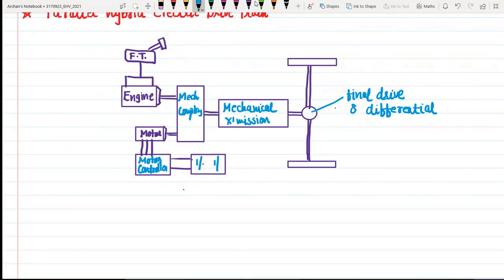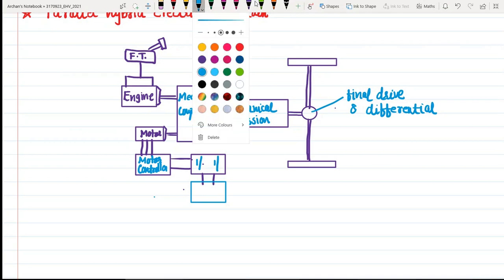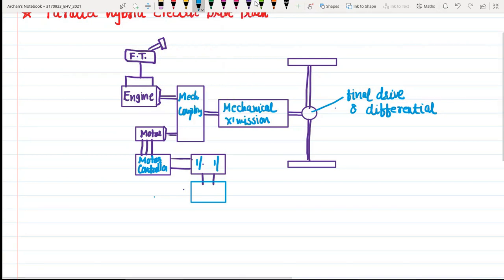To charge these batteries, we will have one battery charger over here, which can be charged externally from our supply.